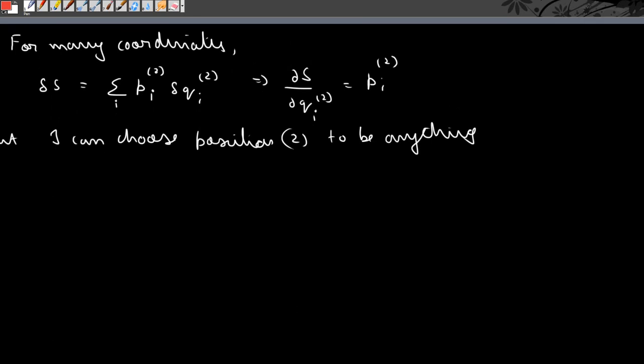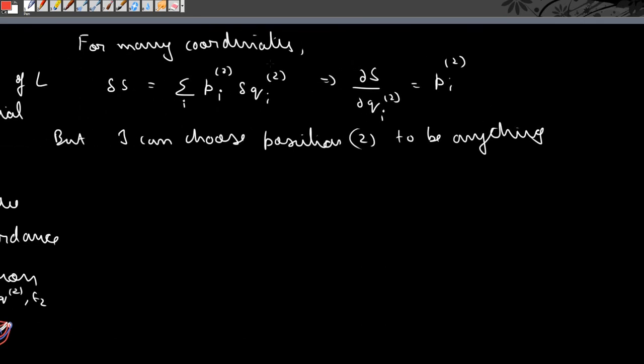To express that in the equation, we are just going to drop this particular superscript. The justification for that is that the value for this pi and qi at the endpoints can take any value.